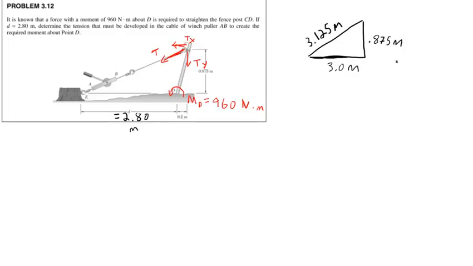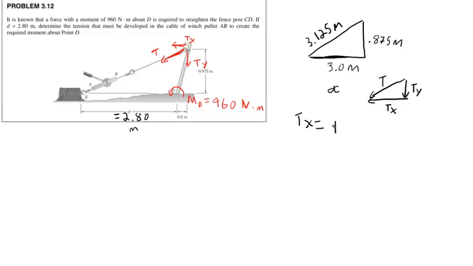Okay, 3.125 meters. And I know that this will be proportional to my force triangle: Tx, Ty, and T. So Tx, I'm not going to worry about the positive and negatives on these because I'm just going to eyeball it anyway to figure out whether they're positive or negative moments.